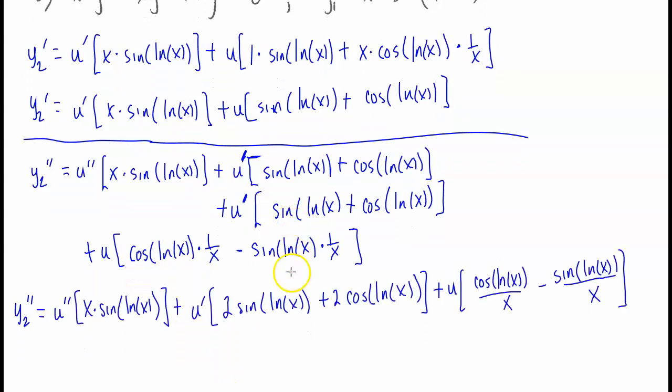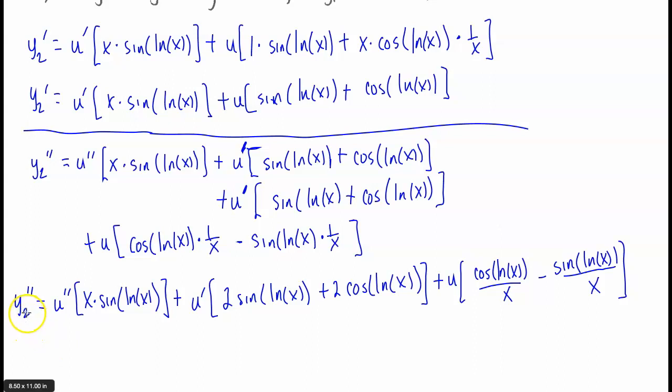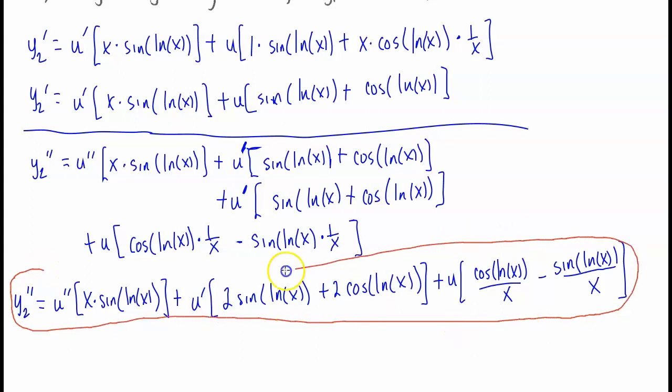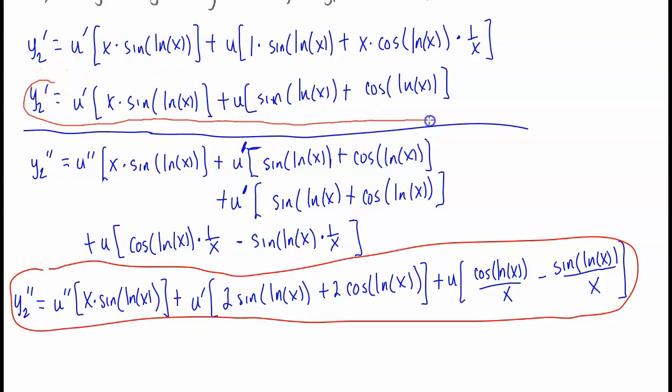All right, so now that we have this y sub 2 double prime written out, we can go ahead and just do a tally on everything. We know that we're going to use this for y sub 2 double prime. We will use this for y sub 2 prime.